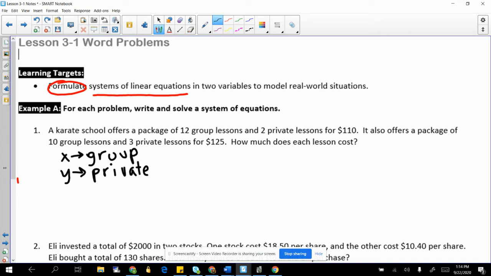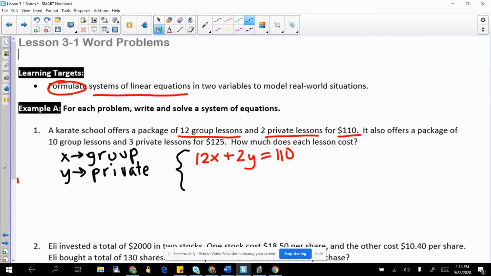So let's let equation 1 be represented by the first package that the karate school offers, which says that there are 12 group lessons, 2 private lessons, and the total cost is $110. So let's write that as 12x, because x represents group lessons, plus 2y, because y represents private lessons, and set it equal to the cost, which is $110.